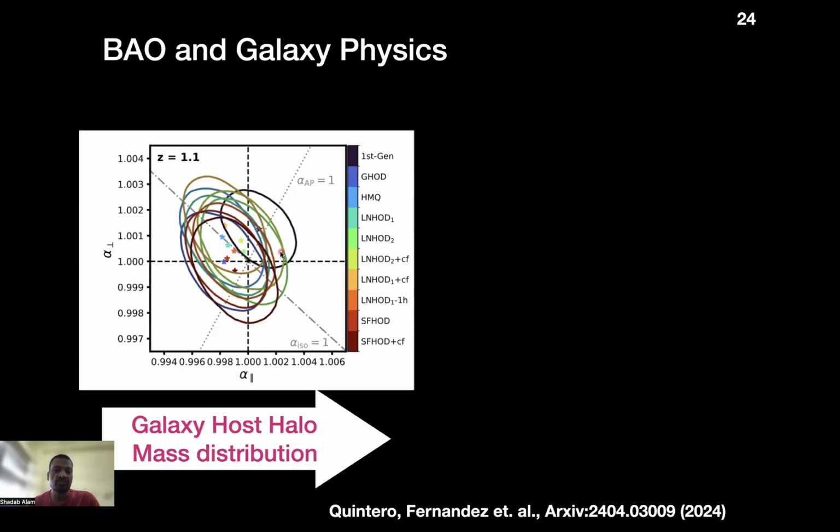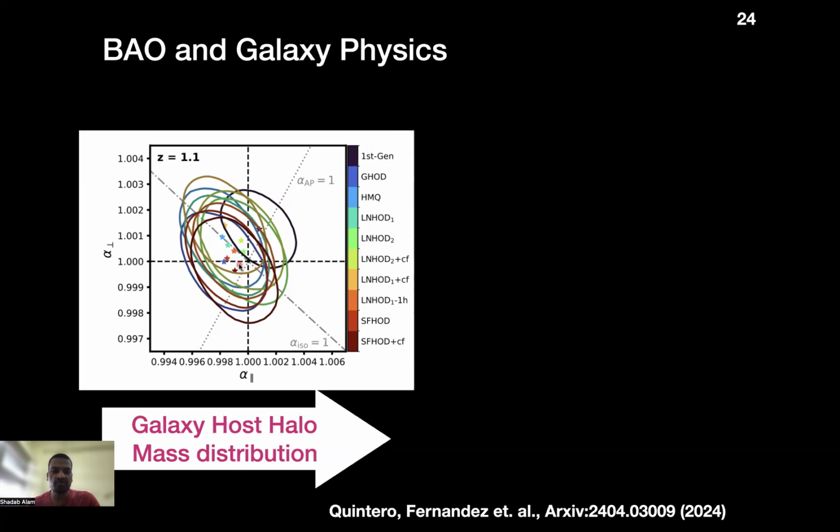Let's say you simulate various kinds of galaxy samples, keeping the number density and linear bias the same, so all of these match the same two-point function, and look at the BAO peak and do a very precise measurement. The difference is that each of these models has a different distribution of host halo mass. They don't have exactly the same distribution, although the mean host halo mass will be the same because you're fixing the bias. So there are many different kinds of models here.